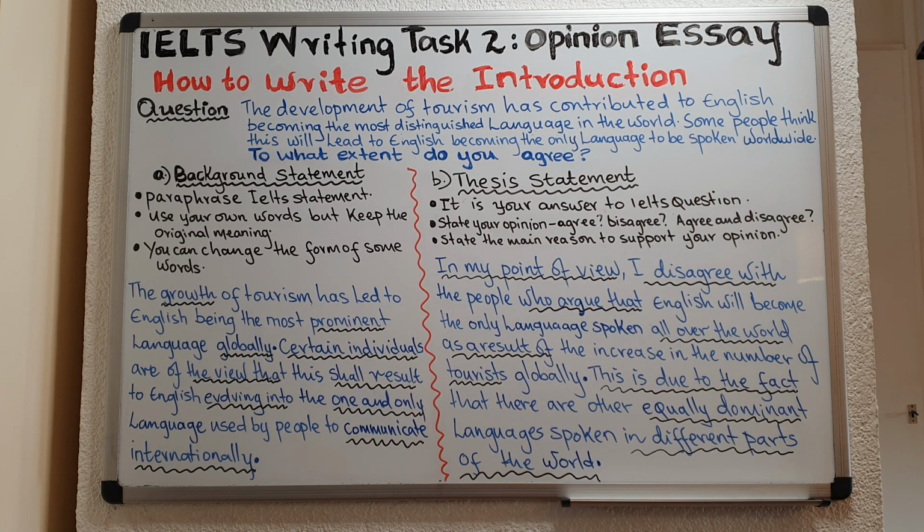And then after that, I give the reason why. I introduce that with, this is due to the fact that there are other equally dominant languages spoken in different parts of the world.